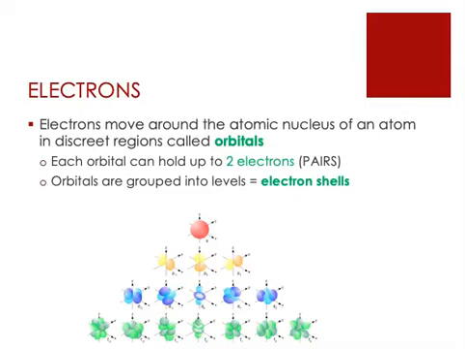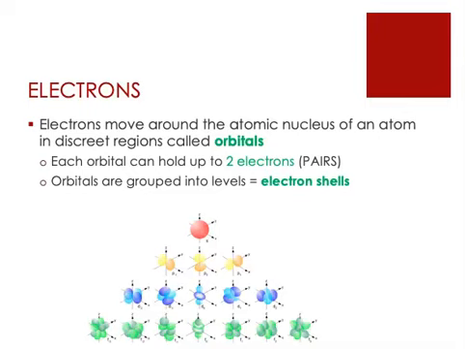Now, let's take a moment and think about electrons, because when it comes to biochemistry and it comes to metabolism, the electrons play a big role. Electrons move around an atomic nucleus in an atom, and they sort of buzz around in a cloud. It turns out, though, that while it looks quite random how these electrons are buzzing around, we can actually predict at any one moment where the electrons will be as they move around the atomic nucleus.